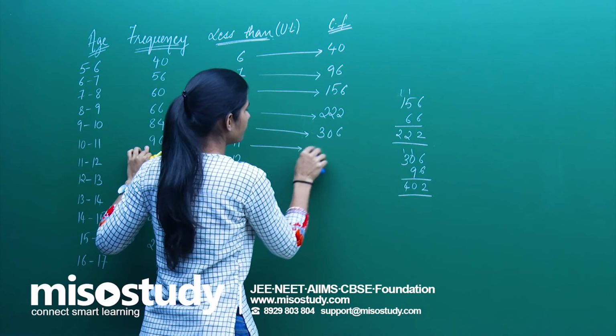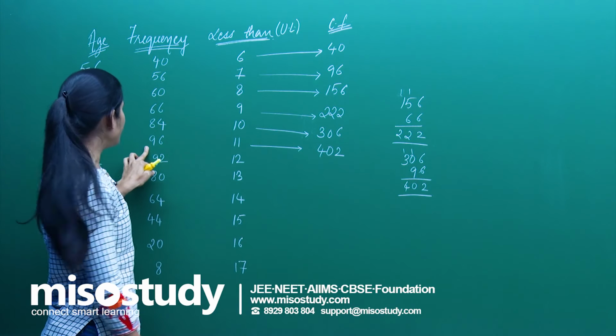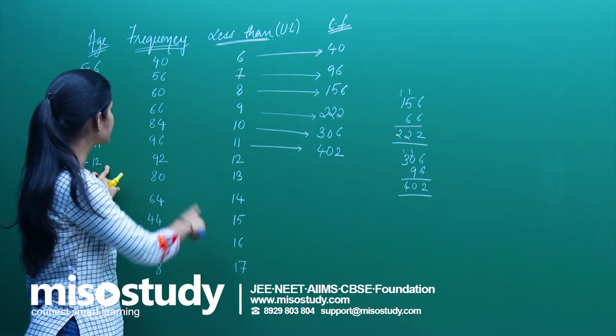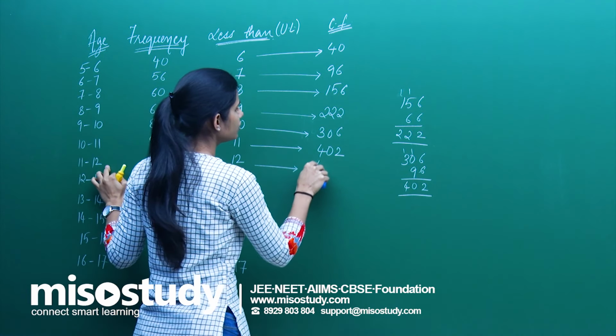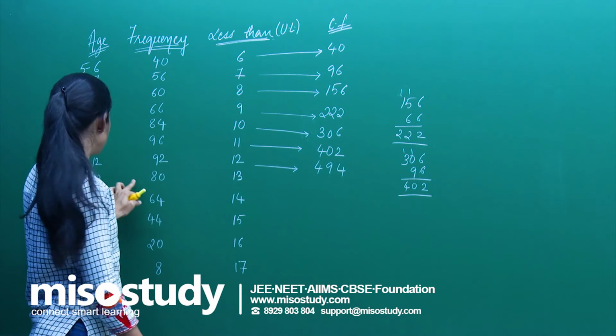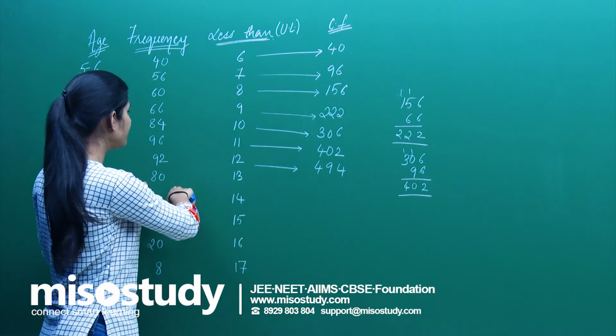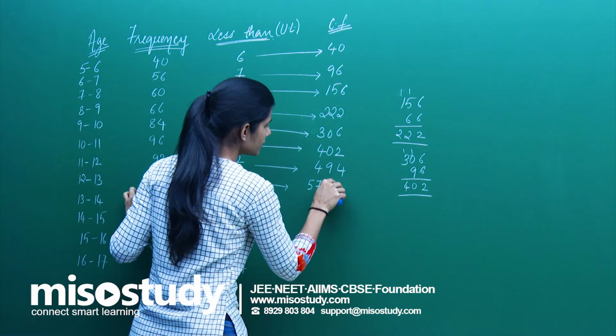Then less than 12 is plus 92: 402 plus 92, which is 494. Cool? Less than 13 is 494 plus 80, which is 574.